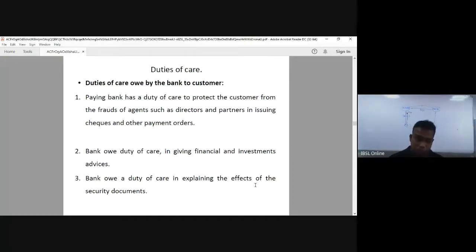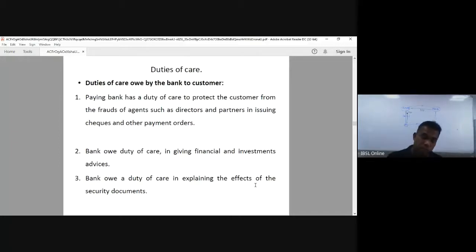So, for example, an agent of the account holder can commit a fraud and fraudulently take money from the customer's account. An agent or director of a company can take money from the company account. So the bank has a duty to prevent this type of fraud.